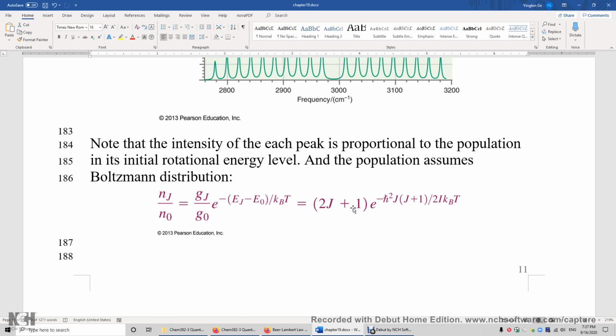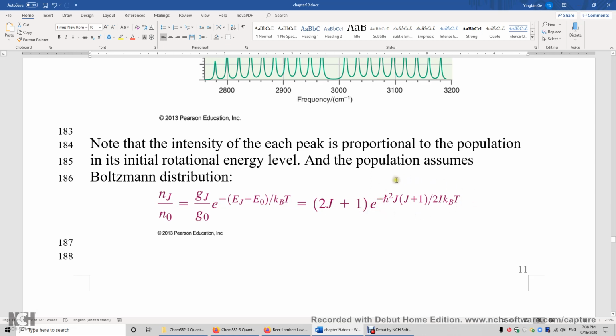It can be negative J, negative J plus 1, negative J plus 2, etc., 0, and then 1, 2, and then J minus 1, J. So really it's from negative J to positive J. If you count the different numbers between negative J and positive J, you have 2J plus 1 different values. So we say the z component of the angular momentum of the rotation of the linear molecule can be negative J h bar all the way to positive J h bar. So there are 2J plus 1 values. The degeneracy is 2J plus 1.